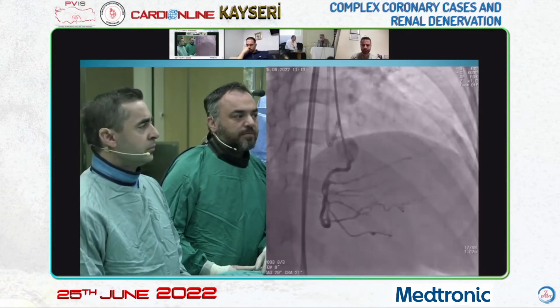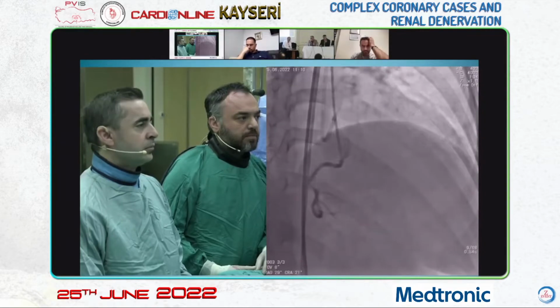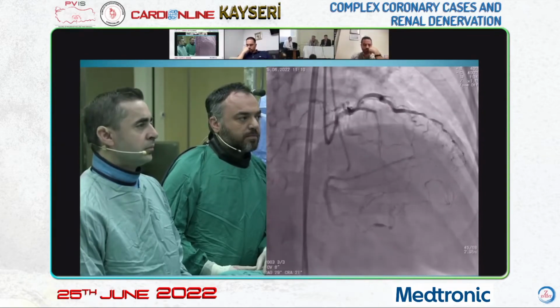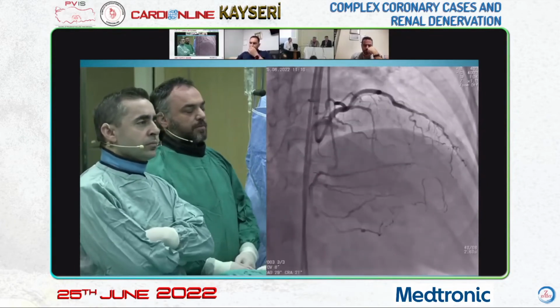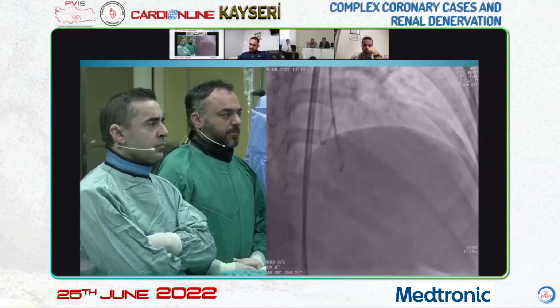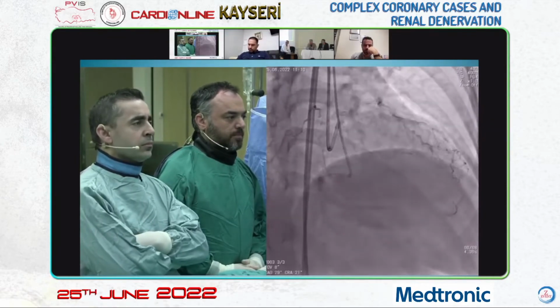Antegrade technique up to 80-85% will be required as the lesion is a blunt one. In the first operation, in the images, there was a microchannel.